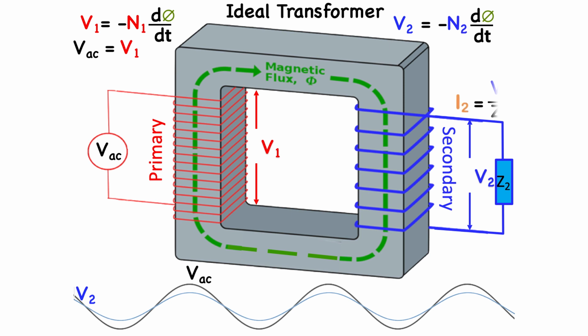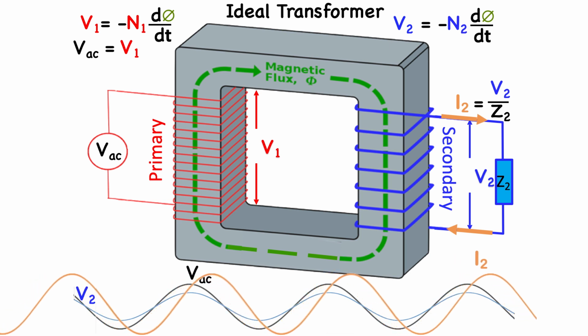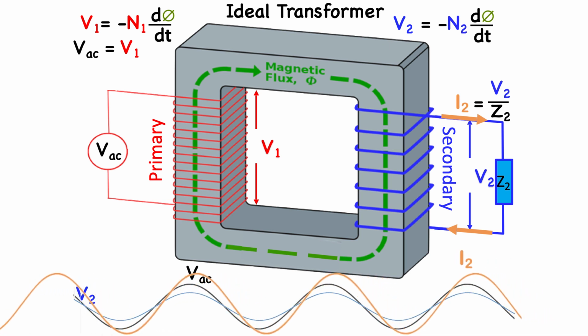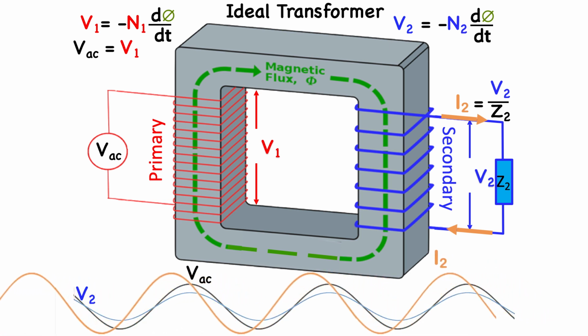By virtue of Ohm's law, a current will flow in Z2 whose magnitude is given by V2/Z2. And depending on the impedance Z2, the current will either lead or lag or be in phase with the voltage V2 and VAC.